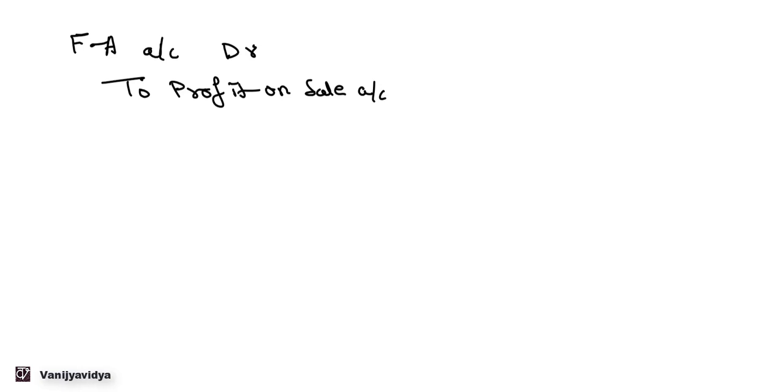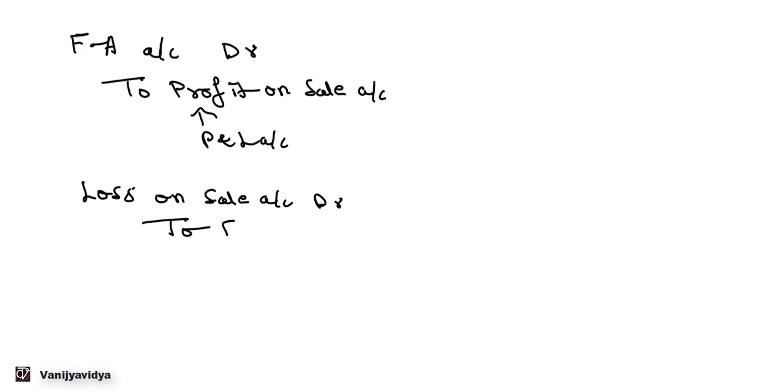This profit on sale will be transferred to your P&L account at the end of the year. In case of loss, the entry will be loss on sale account debit to fixed asset account.